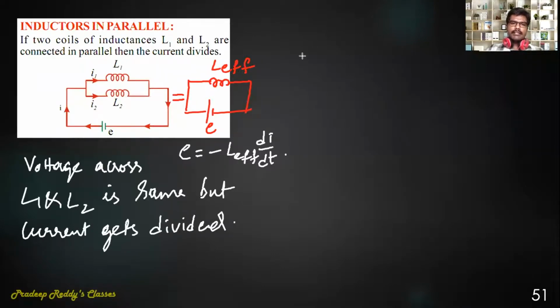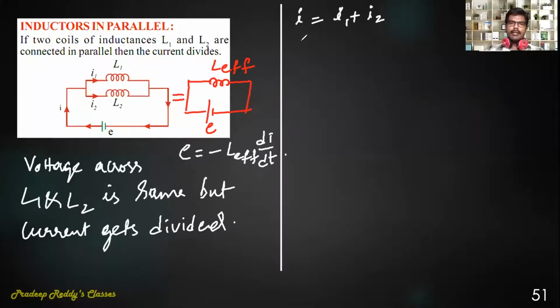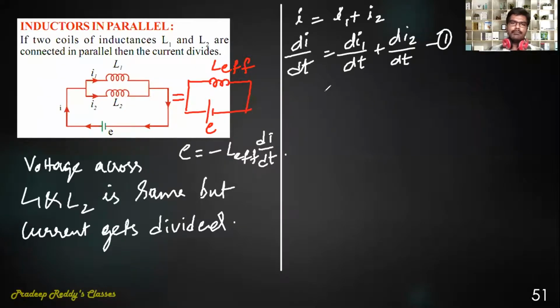As current is divided here, you can write net current I is equal to I1 plus I2. So di divided by dt is equal to di1 divided by dt plus di2 divided by dt. Let me take this as equation number 1.